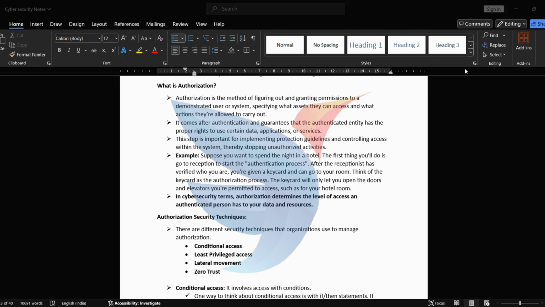Let's see an example. Suppose you want to spend the night in a hotel. The first thing you will do is go to the reception to start the authentication process. After the receptionist has verified who you are, you are given a key card and can go to your room. Think of the key card as the authorization process.